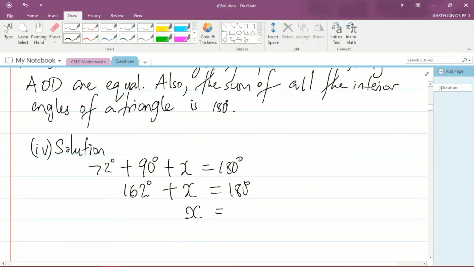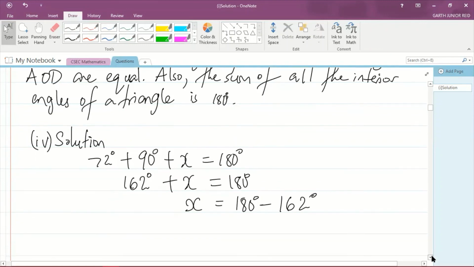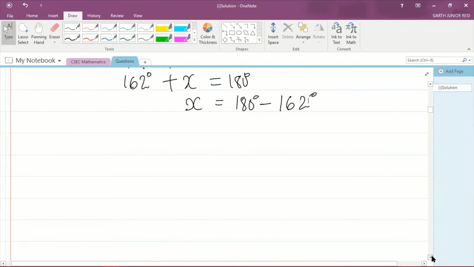The 162 degrees on the left-hand side cancels out, and on the right-hand side I have 180 degrees minus 162 degrees. So X is equal to 180 degrees minus 162 degrees, that is 18 degrees.